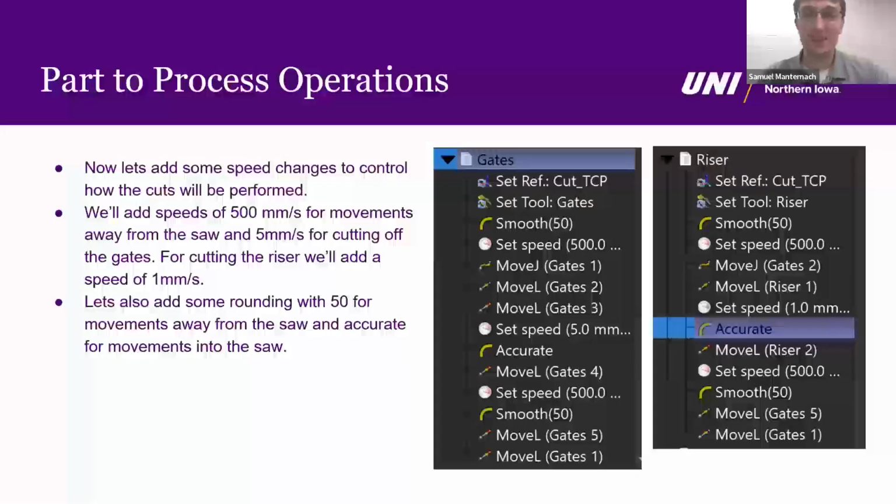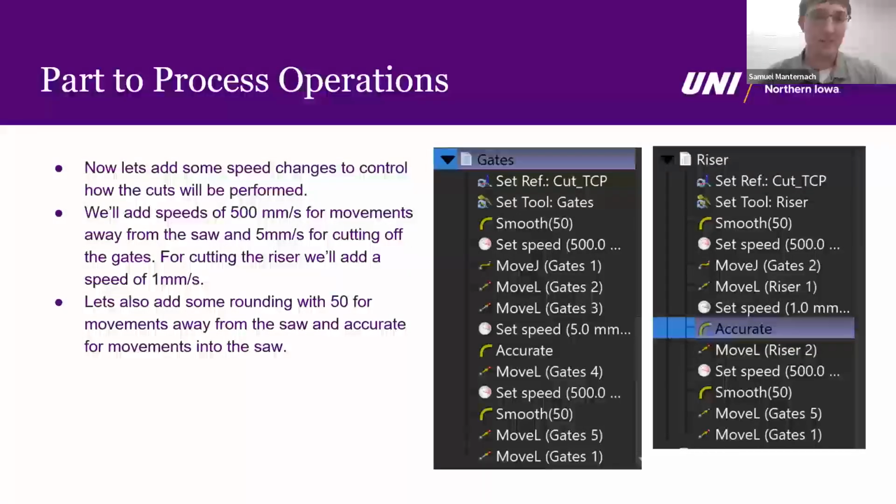However, it does fit within the capacity of what we're doing here. In this case, we're just going to be using some comfortable speeds for movements away from the bandsaw. So we're going to be moving 50 millimeters per second, 500 millimeters per second away from the bandsaw blade, and then 5 millimeters per second when we're doing our riser cut.